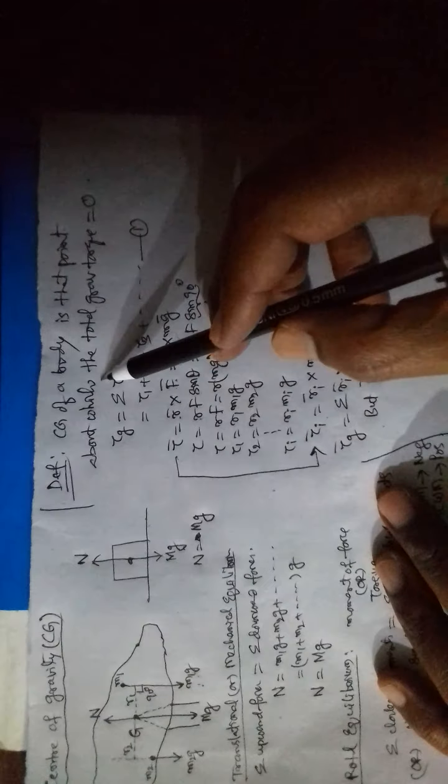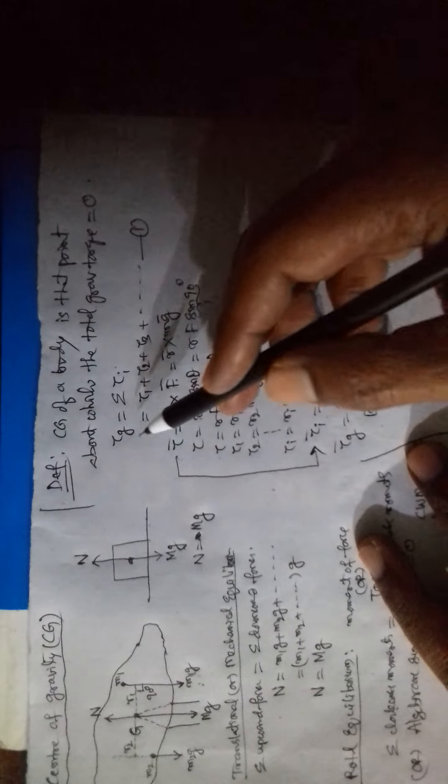So here the total gravitational torque is 0. If g is constant, move this g to the right hand side, 0 by g is equal to 0.